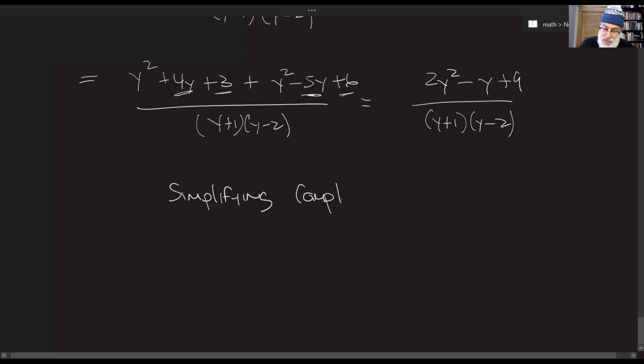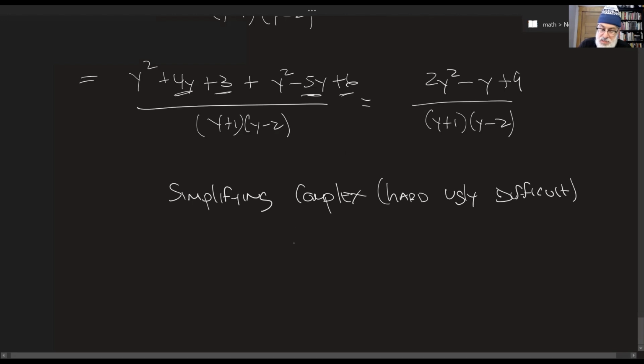The text I'm looking at uses the word complex, which doesn't mean complex in the sense of a plus bi. That's a complex number. It doesn't mean that. So simplifying complex expressions, what they mean is hard or ugly or difficult. So don't confuse complex here with complex.